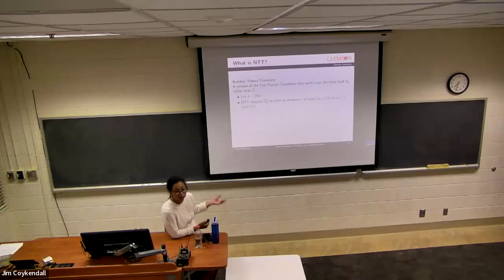We chose that because it is large enough, and it is a power of 2, and we wanted to split all the way to the end. So the number theory transform requires Zq to have an element r of order 2n, and in ML-DSA we always use this. This is given in the specification of the algorithm. Everybody just uses it.